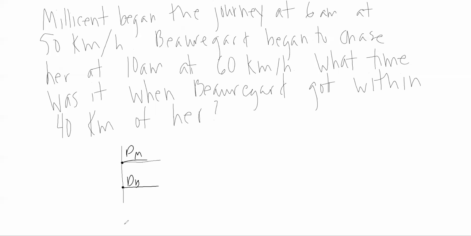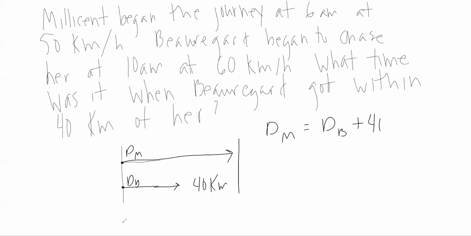Okay, so I can make this line and I know that she went 40 kilometers farther than Beauregard. So what I can say now is that the distance of Millicent equals the distance of Beauregard plus 40 kilometers.